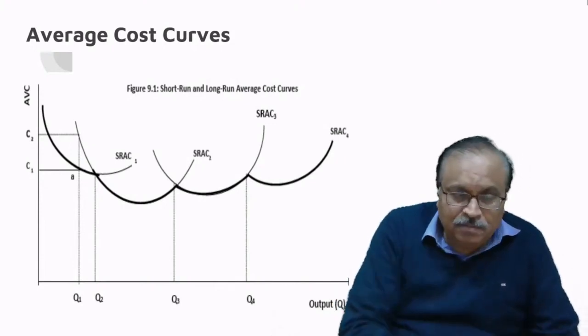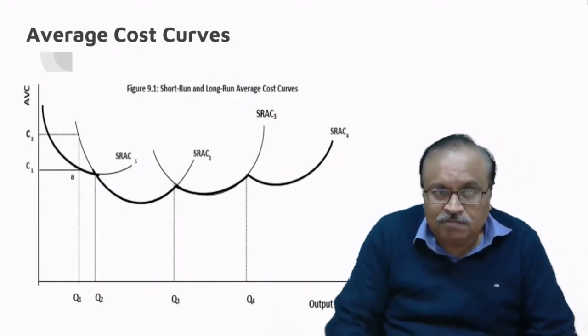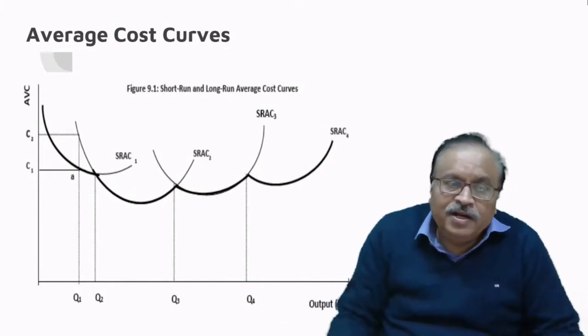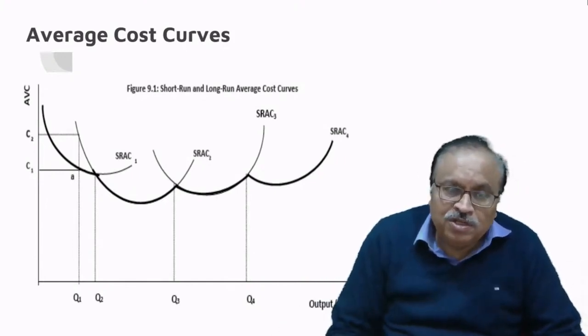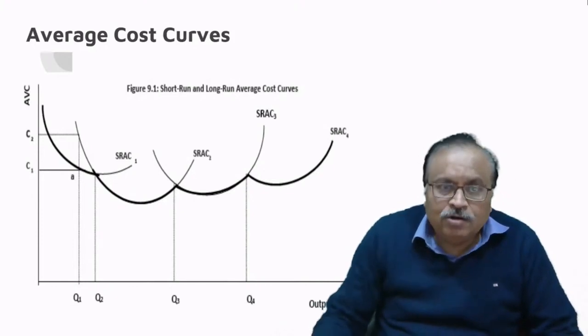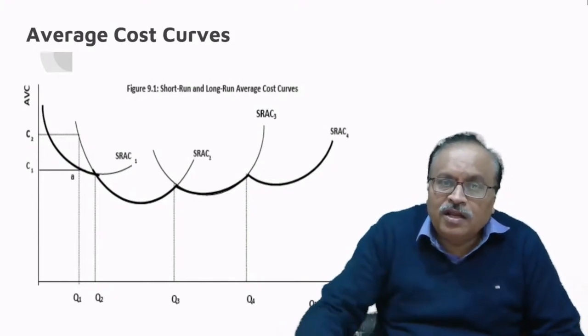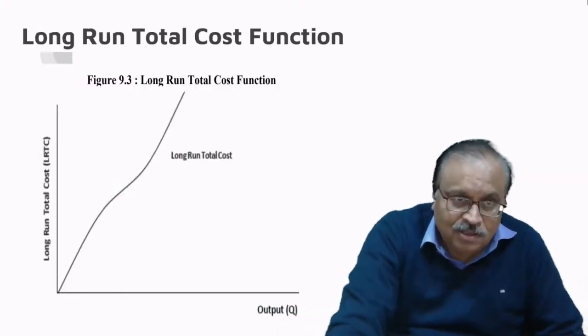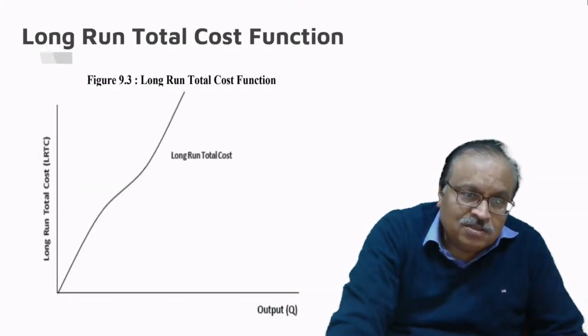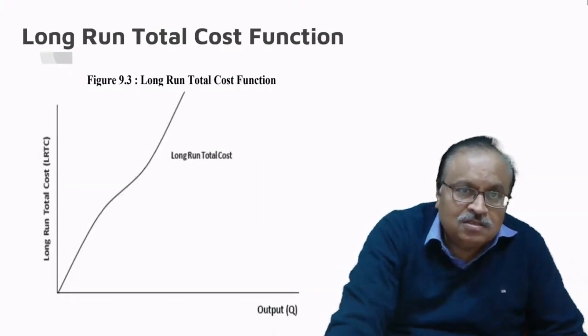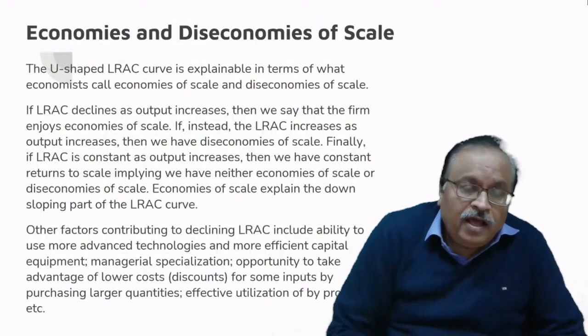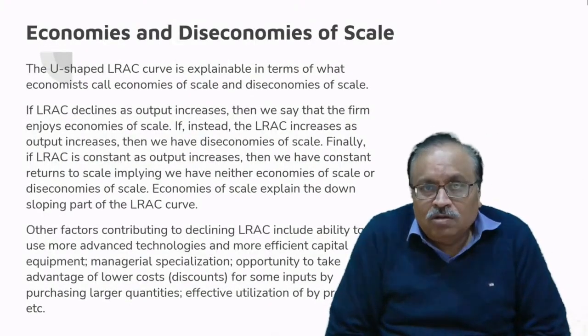So if we draw a curve which covers all the quantities produced Q1, Q2, Q3, Q4 over a period of time, this is known as the long run average cost curve. So the long run average cost function is indicated by this graph, and then we go on to the economies and diseconomies of scale.